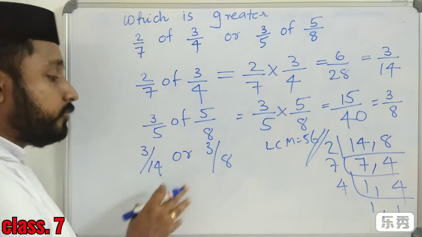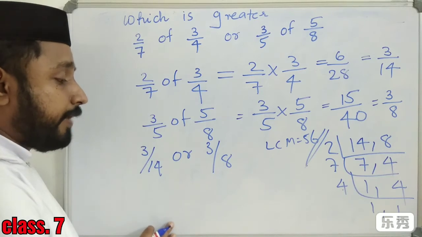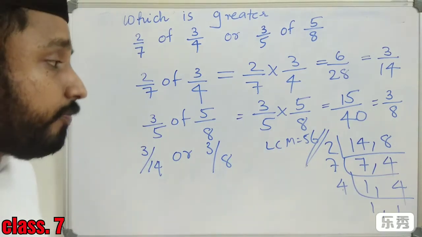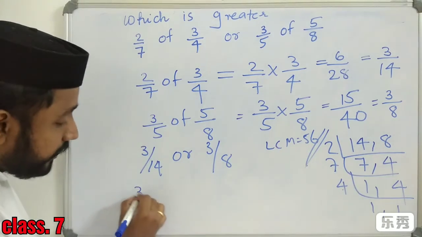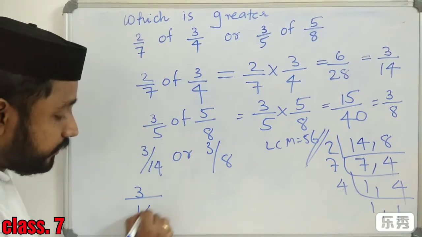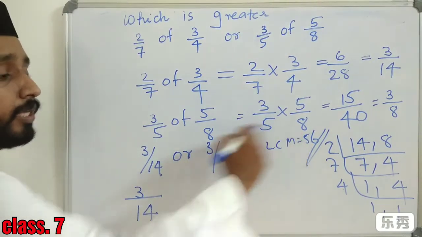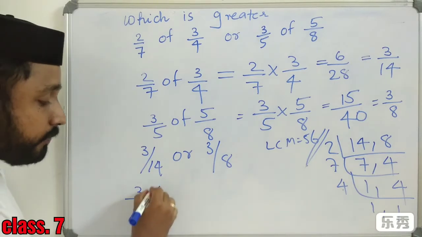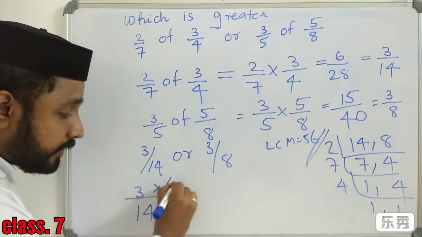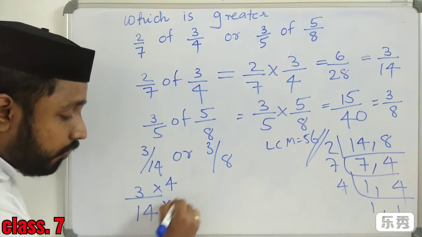So we are going to compare 3 by 14 and 3 by 8. LCM is 56. First we write 3 by 14. We have to change this 14 into the LCM, that is 56. So we have to multiply the numerator and denominator by 4.